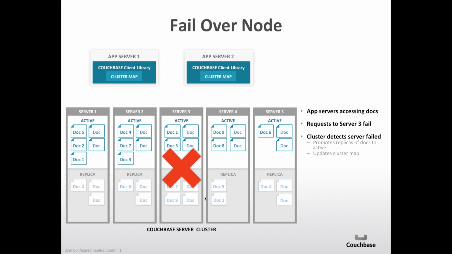And at that point, the cluster map gets updated. So once the cluster map gets updated, the client now knows that document 6, for example, lives on server 5 and not on server 3 anymore, and it will continue to access the partitions that are now managed by 4 and 5 accordingly. The replicas, as you see, are uniformly distributed as well, and so none of the servers is essentially overloaded during this operation.